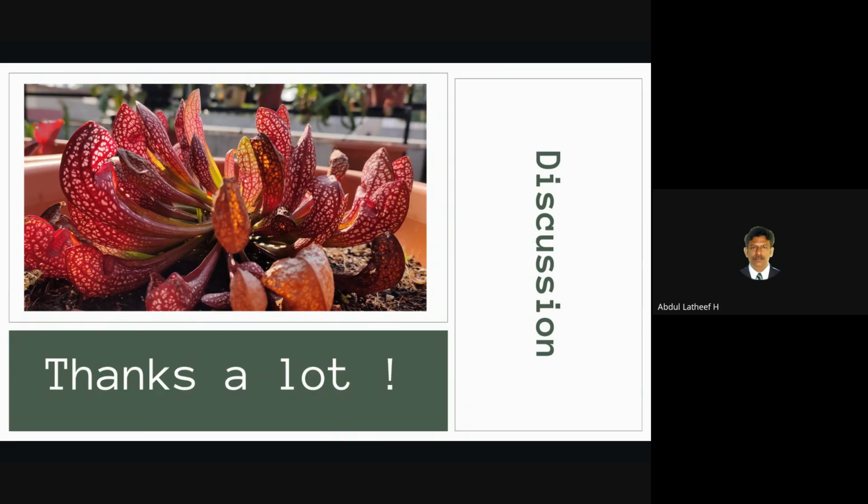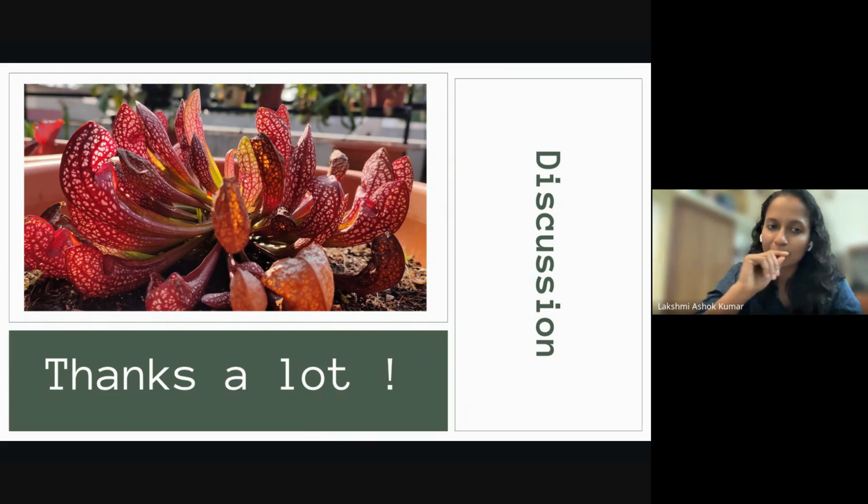A trap, once for opening and closing, it takes a lot of energy. It takes a lot of energy in the sense, if you're giving it a false trigger, you should understand that you're taking away a chance of the plant to catch an insect.